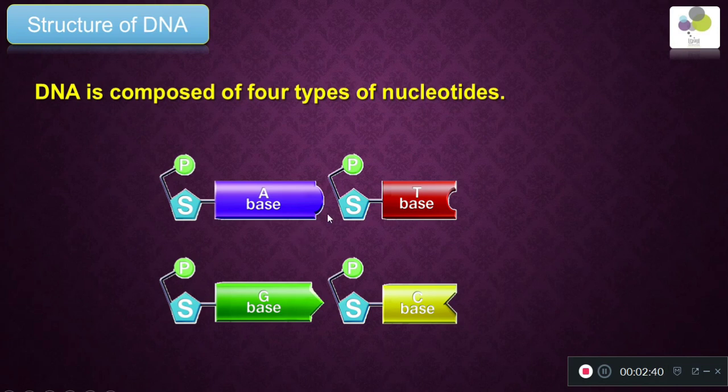As we know, we have four nitrogen containing bases, so we have four types of nucleotides: nucleotides containing adenine, thymine, guanine, and cytosine. The adenine, by its shape or structure, can fit to the thymine, and guanine can fit to the cytosine.